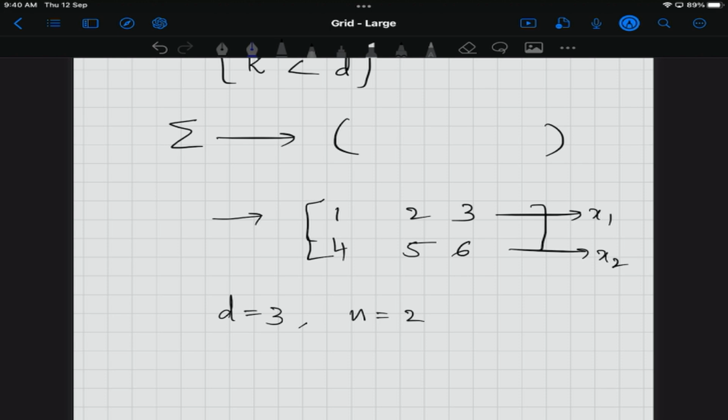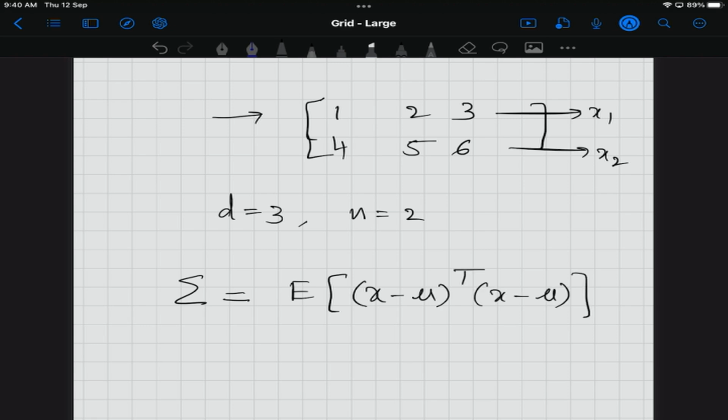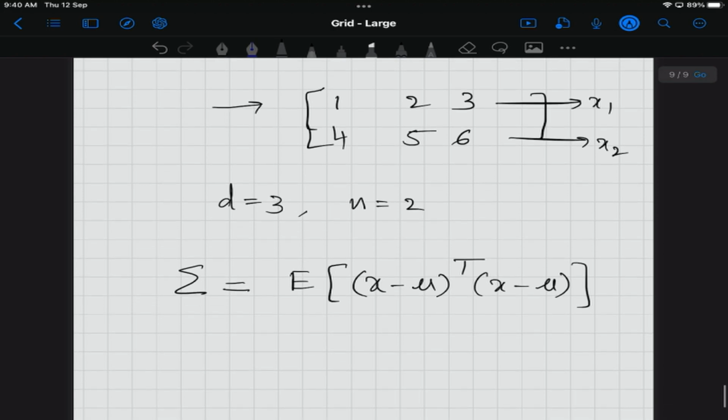Just go and find the covariance matrix using these two samples and see what is happening to your covariance matrix. How will you find the covariance matrix given the data points? Your covariance matrix is X minus mu, right? Something like this.